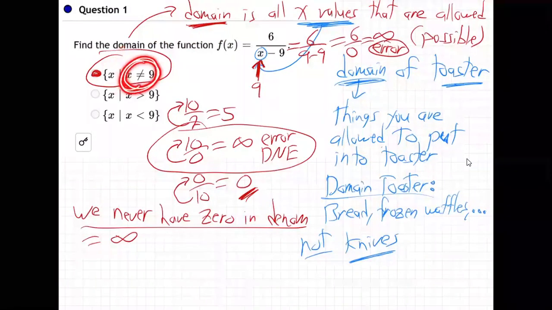This is all you really care about. In fact, don't even worry about that stuff. Just look right here. X cannot equal 9. X can be anything except it cannot equal 9. Anything but 9. Can be 8, can be 7, can be 10, can be 12, whatever, but not 9. So that's the domain. That's what you're allowed to plug anything you want into this function, but not 9.